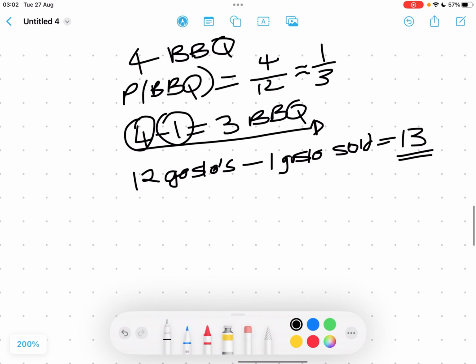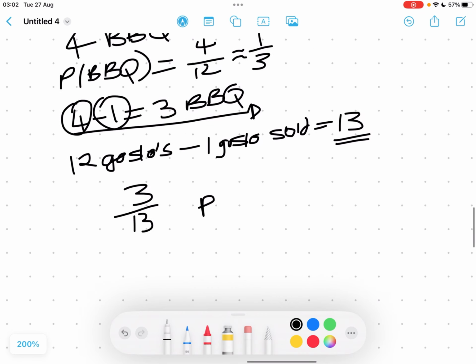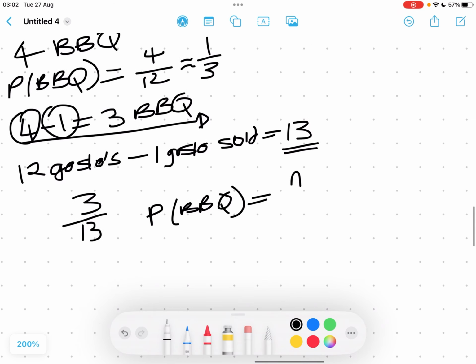So of my options, since I sold 1 out of the 12, and the one that I sold was barbecue, that means that the probability of getting barbecue now will be 3 over 13. Because P barbecue is equal to the number of barbecue divided by the total number, right?